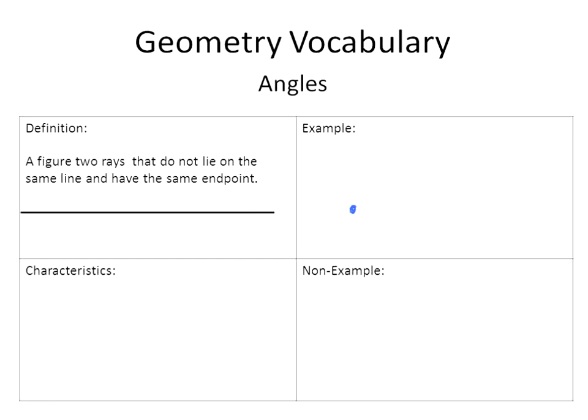I have a starting point, one ray that goes this direction, and another that goes maybe this direction. I've got two rays with the same starting point, and they're not on the same line. And the space in here is what's called the angle. You've seen this before, right? I would guess you can figure out the rest of this.